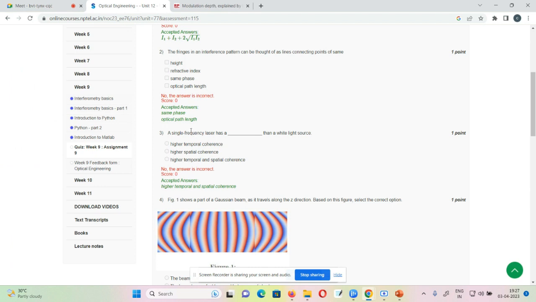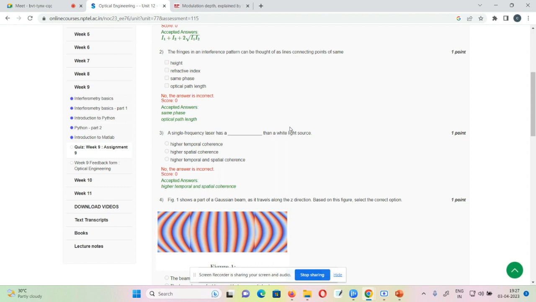So the question is that one. The fringes of an interference pattern can be thought of as the lines connecting points of the same optical path length. Next: a single frequency laser has a dash coherence than a white light source.